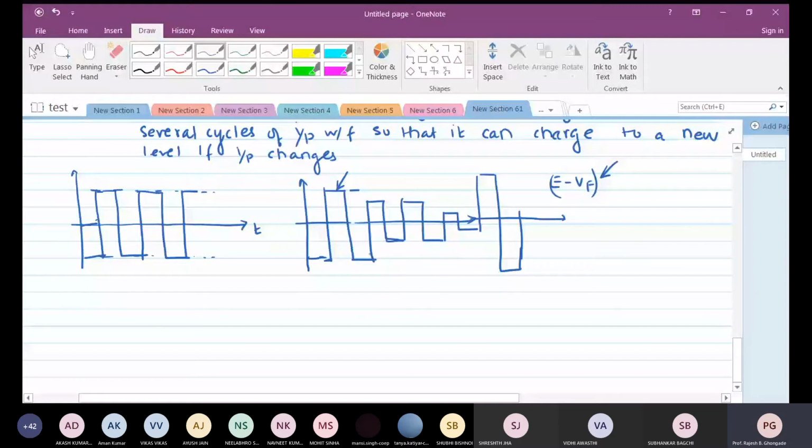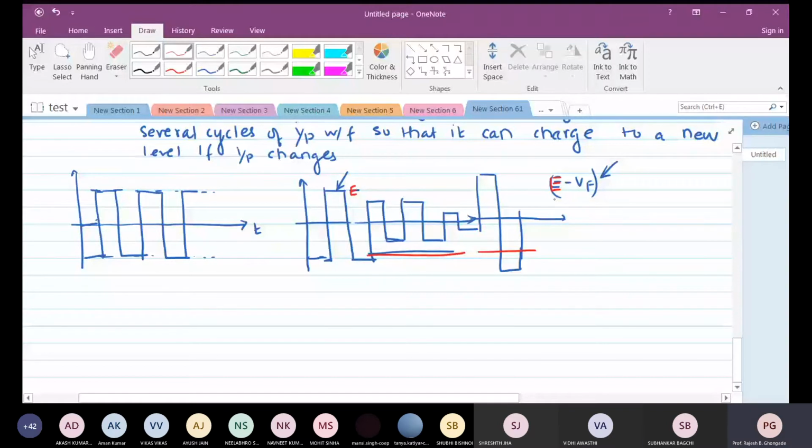For this part of the waveform, it will be incorrectly doing it. Again, for this it will be incorrectly doing it. Why? Because your capacitor is not allowed to discharge at all, and since it doesn't discharge, it will remain stuck to the original value of E.